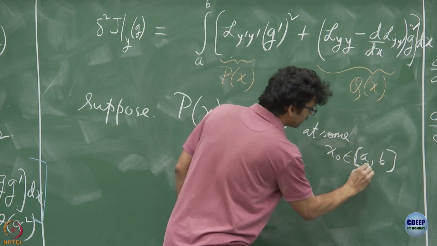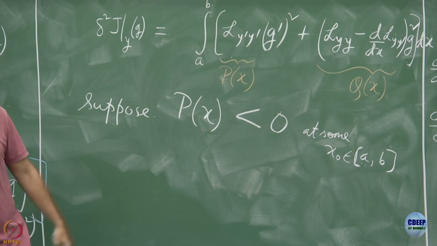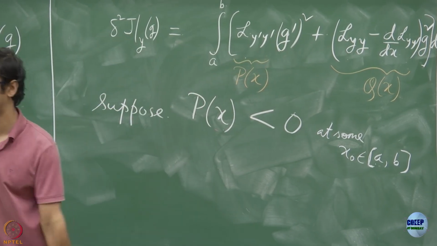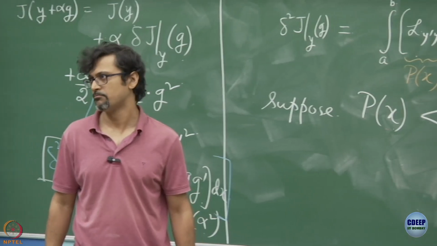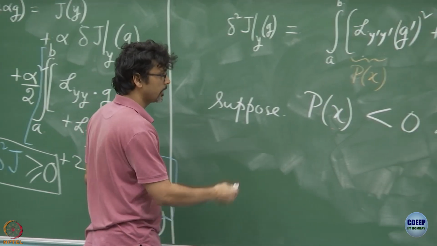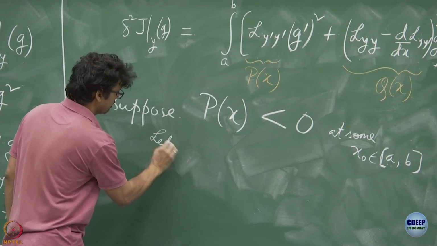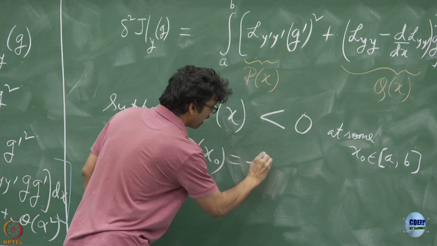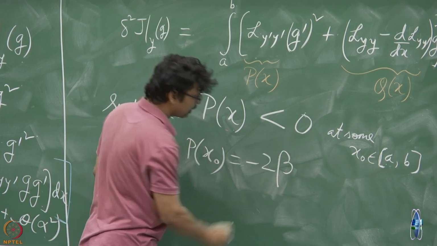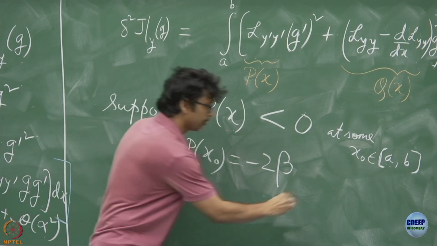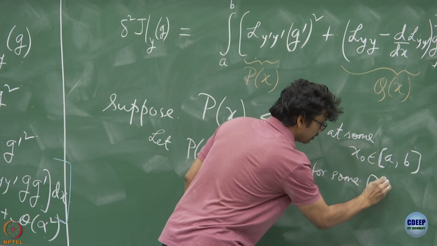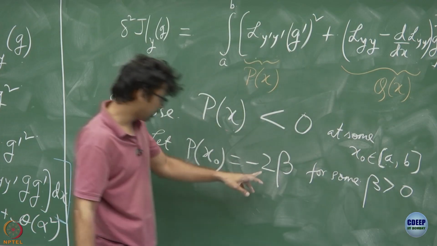Suppose it is possible that P, the part that is multiplying g prime squared, does happen to be negative at some point. Let P of x naught be equal to minus 2 beta for some positive real number beta, so that it is negative.